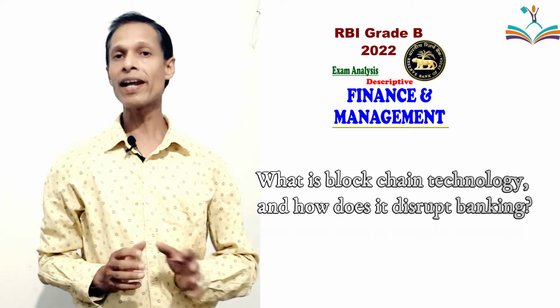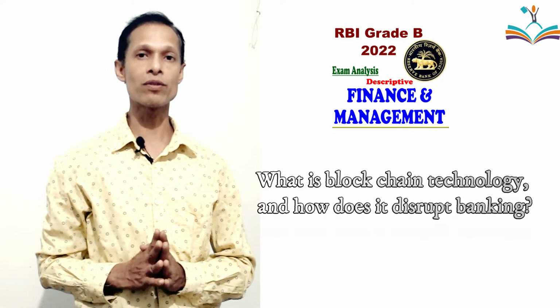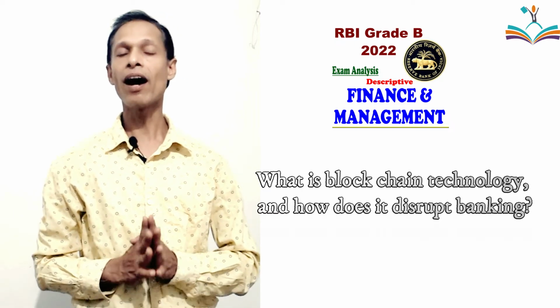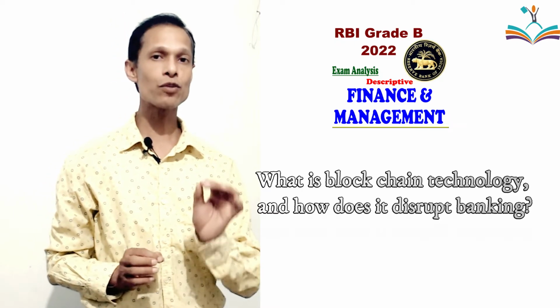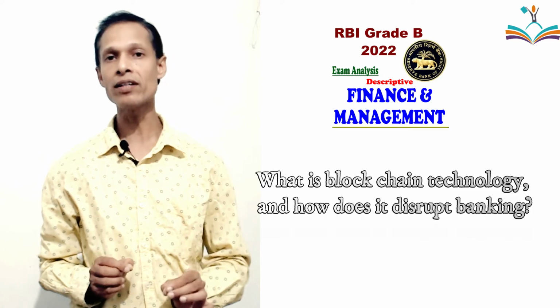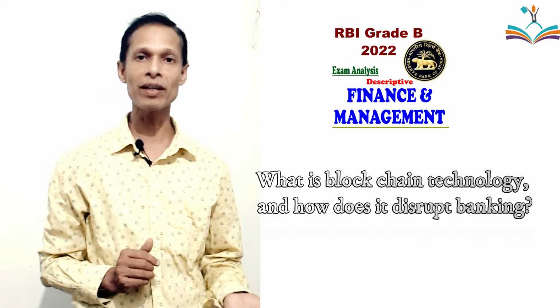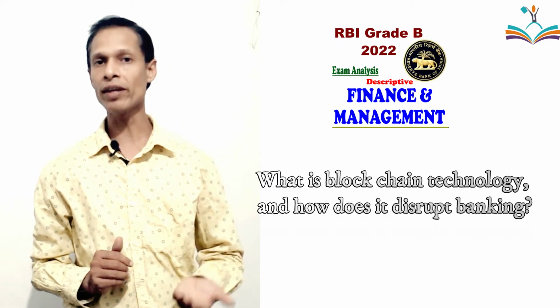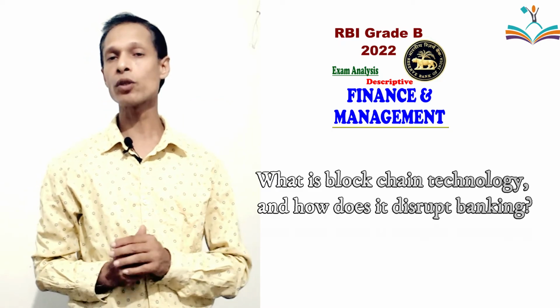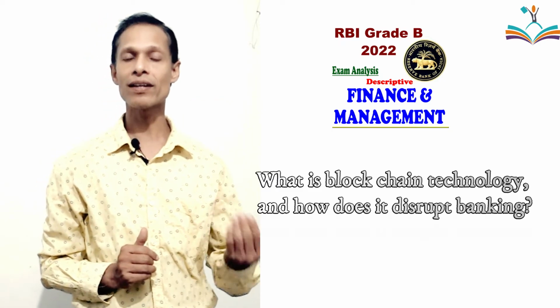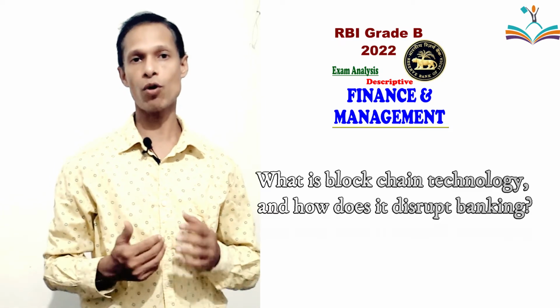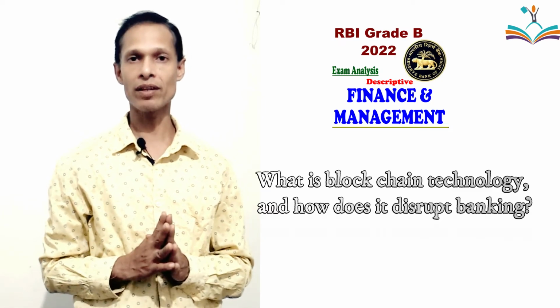Friend, at present, financial institutions such as banks are fully centralized, and so payments and settlements are made after the authorization process from where the money is coming, from where the money is going. Since the introduction of cryptocurrencies, payments and settlements have become less costly and less time taking.